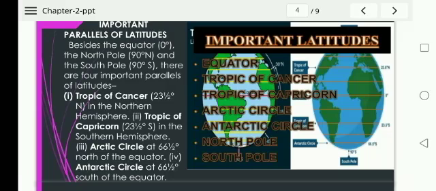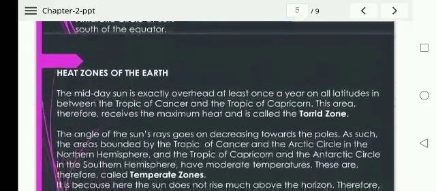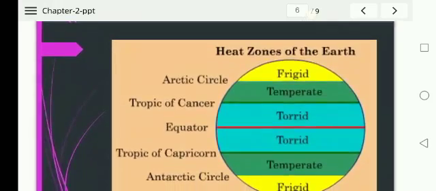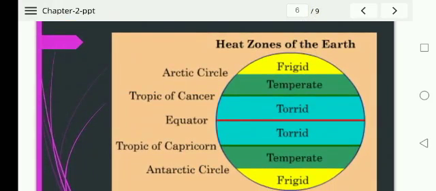All of you know that the equator, the latitude, is an imaginary line which divides the earth into two equal parts, and the north part is known as the northern hemisphere and the south part is known as the southern hemisphere. Now there are three heat zones of our earth, and you can see here the heat zones of the earth.